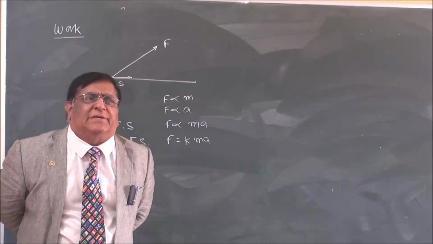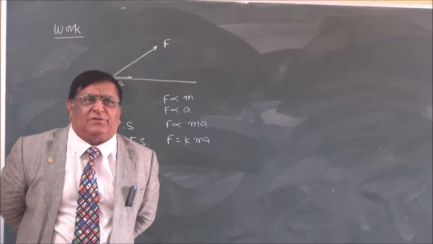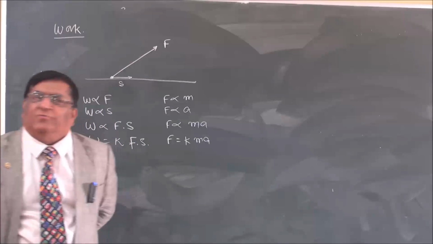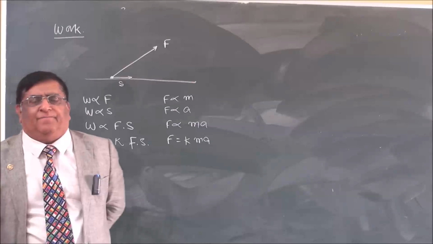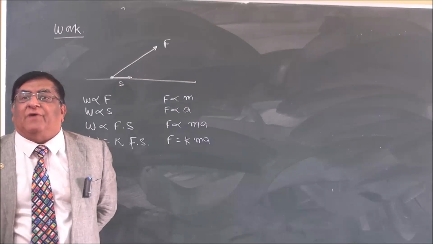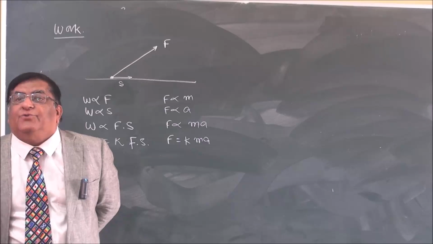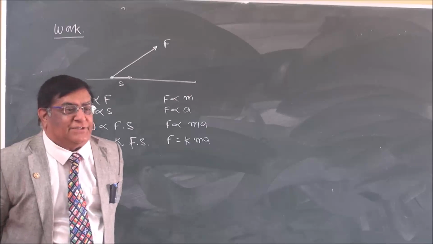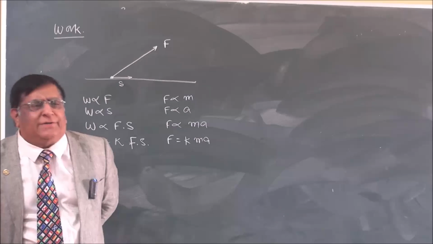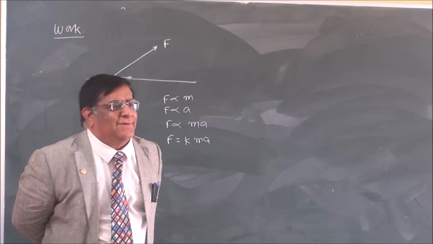No, if M is increasing, force is increasing. It's not constant. If more acceleration is required, we need to give more force. K is constant, but how will K have the value of 1 so that you have force is equal to mass into acceleration? Everybody does it because the teacher is doing it. Right?